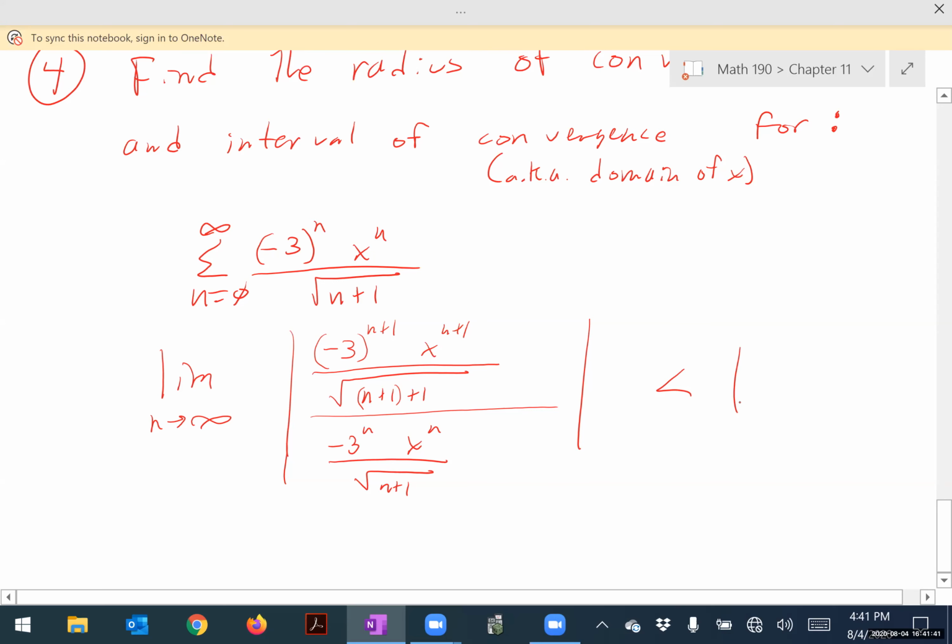As n goes to infinity, let's clean this bad boy up.